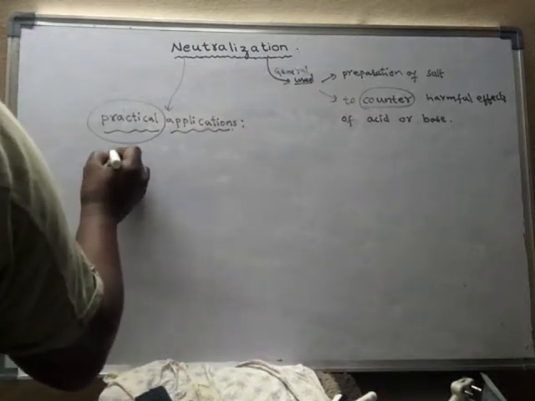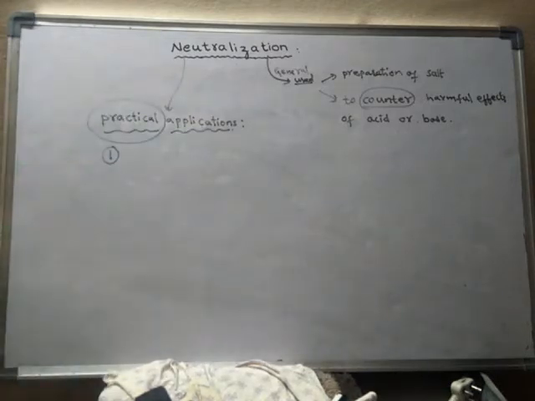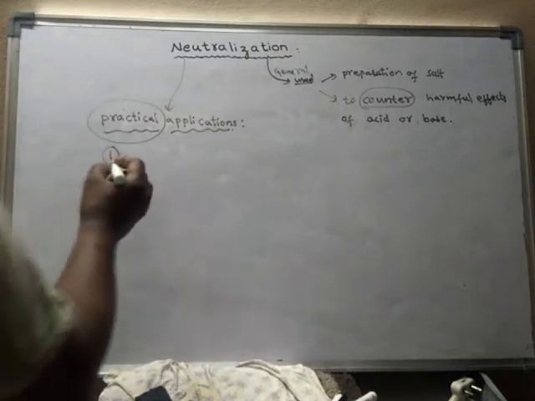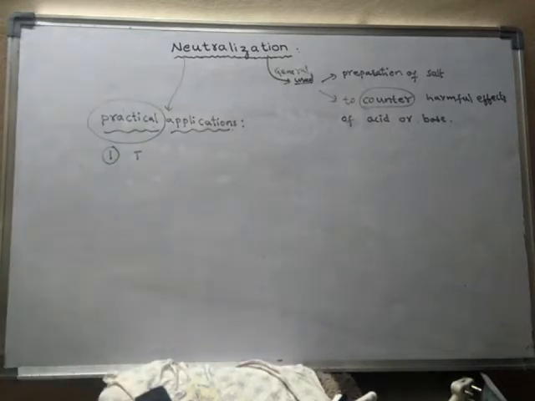Under which condition do we generally go with neutralization reactions? For example, to reduce the acidity of the soil. If any soil is more acidic in nature, then plants cannot grow healthily.